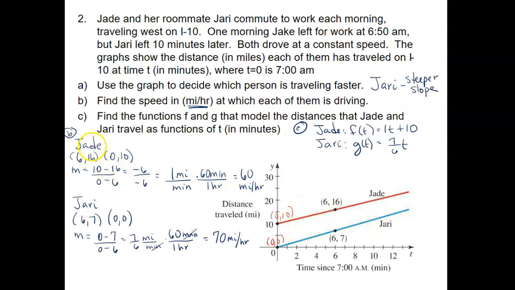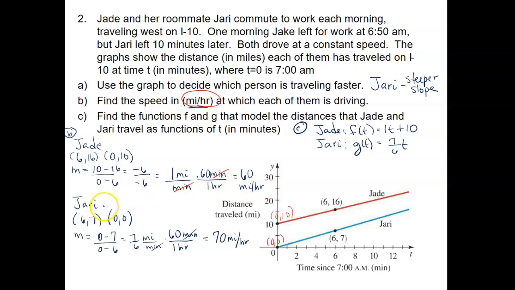The slope for Jade is going to end up being 1. You need to be careful here with your units because it asks for it in miles per hour. So to convert miles per minute to miles per hour, I need to multiply it by 60 minutes per hour so that our minutes will cancel, and I'll end up with 60 miles per hour for Jade.